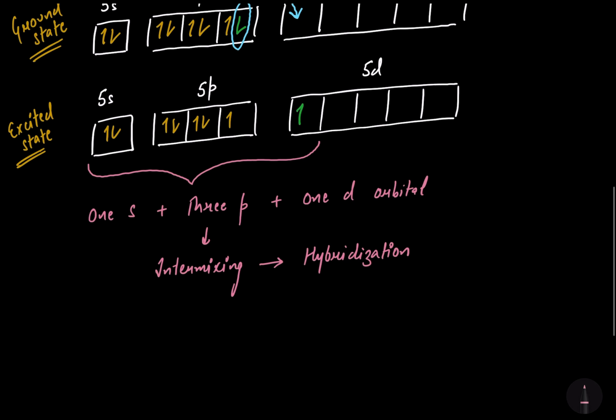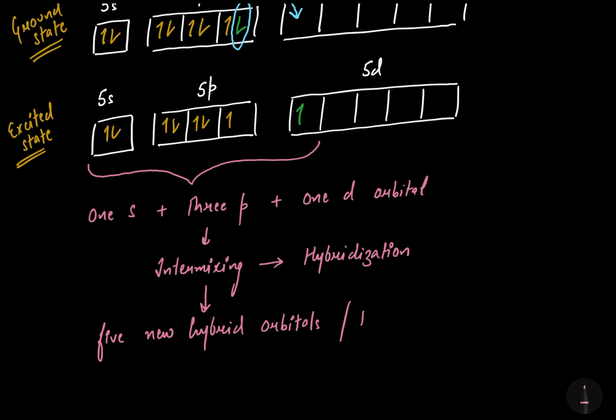Now here a total of 5 orbitals have mixed, the 1s, the 3p, and the 1d. So that's why we are going to have 5 new hybrid orbitals of equal energies.